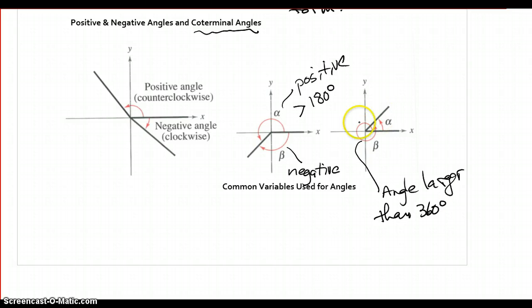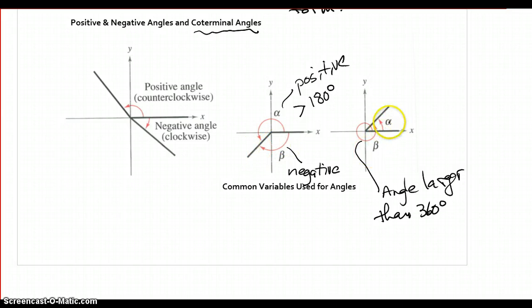Alright, and then over here I have alpha, and you notice that both of these angles are positive. Another thing that you notice about both of these examples here is that alpha starts on the positive x-axis and ends at this ray in the third quadrant, and beta also starts at the positive x-axis and ends at this ray in the third quadrant.